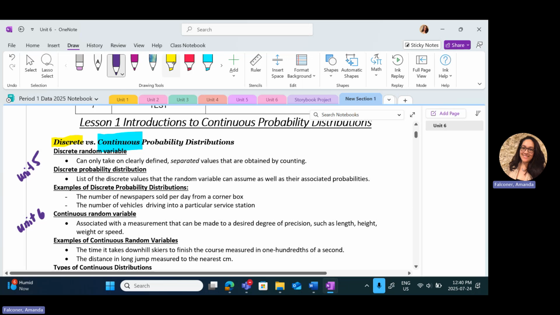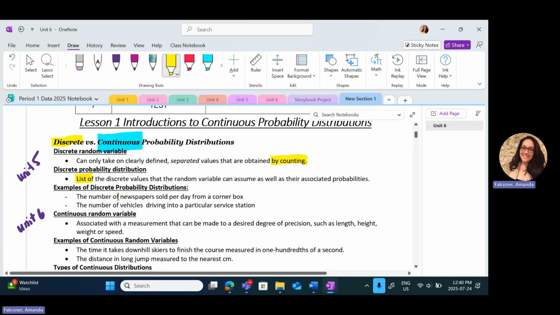So discrete random variables mean that the random variable x can only take on clearly defined separated values obtained by counting whole numbers, 1, 2, 3. And the discrete probability distribution is a list of all of the discrete values that the random variable can assume, as well as their probabilities, all of the outcomes as well as all of their probabilities.